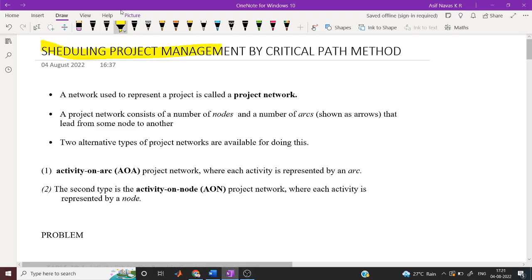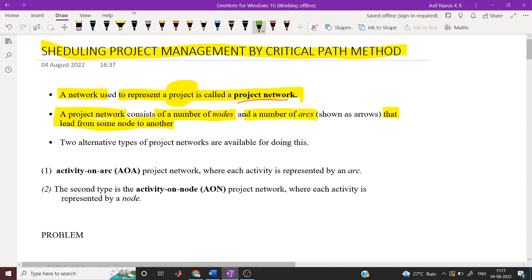Scheduling project management by critical path method. A network used to represent a project is called a project network. A project network consists of a number of nodes and a number of arcs that lead from one node to another.